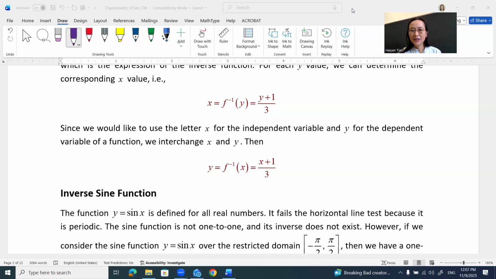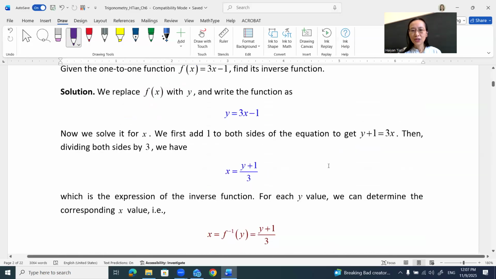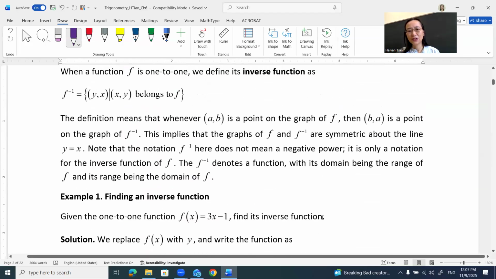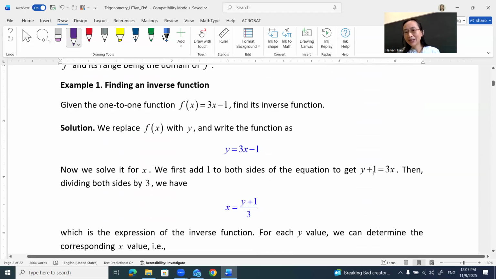And once a function is one-to-one, you can use this strategy to find the inverse function of a one-to-one function, because a one-to-one function is invertible. So then we will look at trigonometric functions, because if you use the horizontal line test, they are periodic and they are not one-to-one functions. How do we define the inverse? So that's the question we're going to look at.